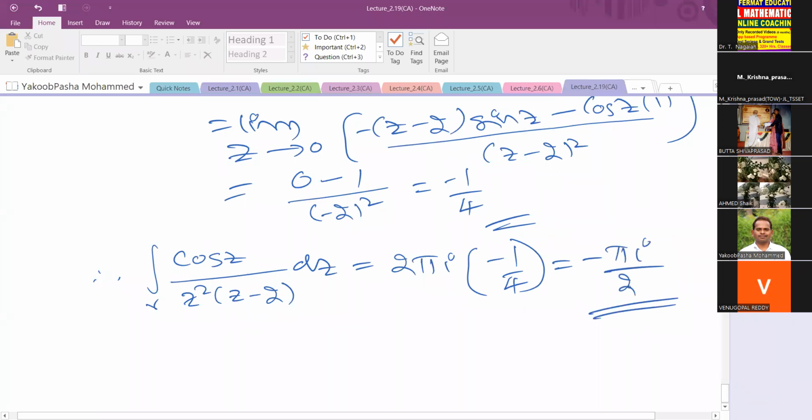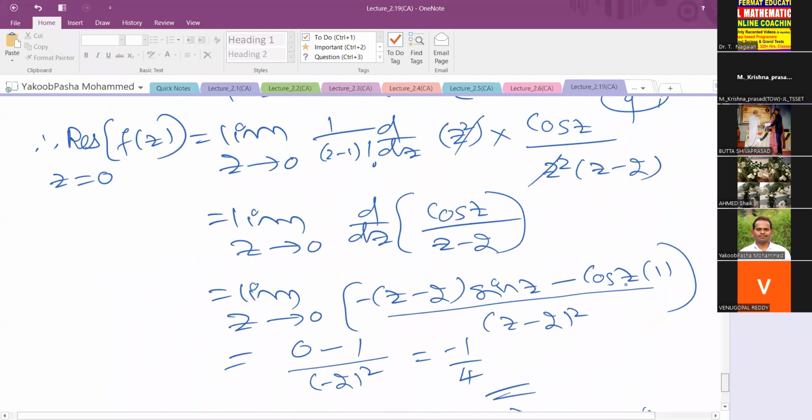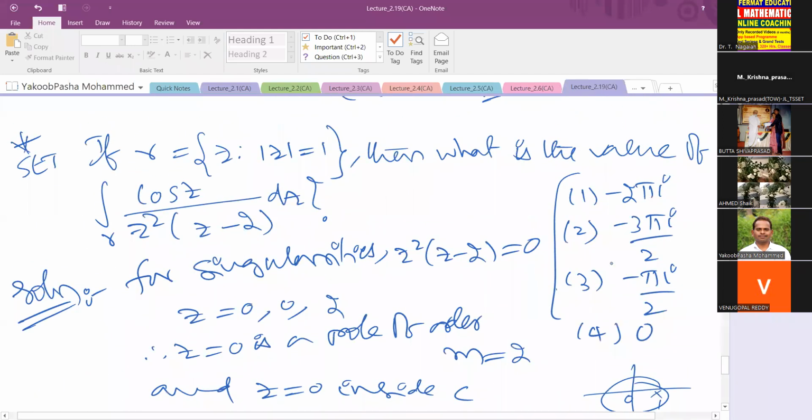This is the value of the integral. These are the options here. The third option is the right option. Now I'm taking another problem.